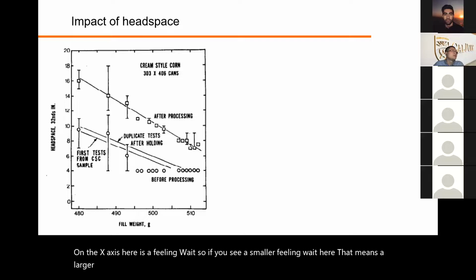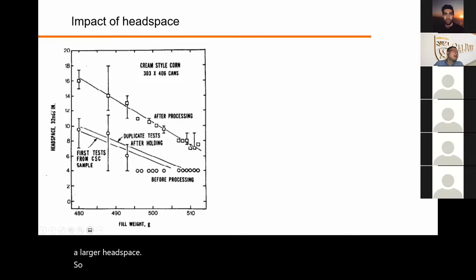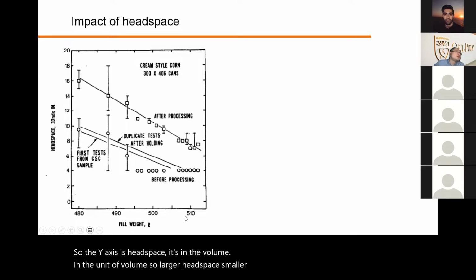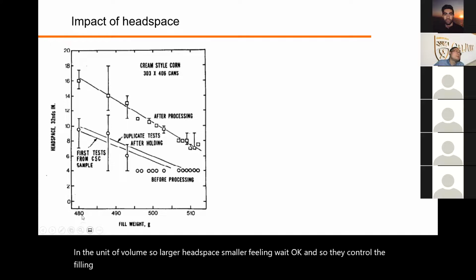Okay, so the y-axis is the headspace, in the unit of volume. So larger headspace, smaller filling weight. Okay, and so they control the filling weight from 480 grams to 510 grams.